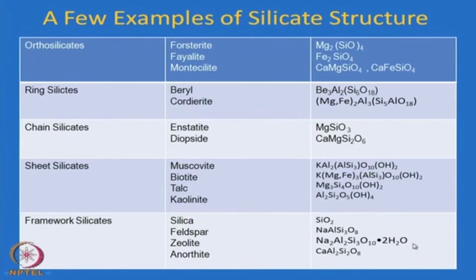One important characteristic of zeolite is that the structure has crystallographic channels, very fine channels at the level of angstroms, and that makes it useful for many purposes, including catalysis.